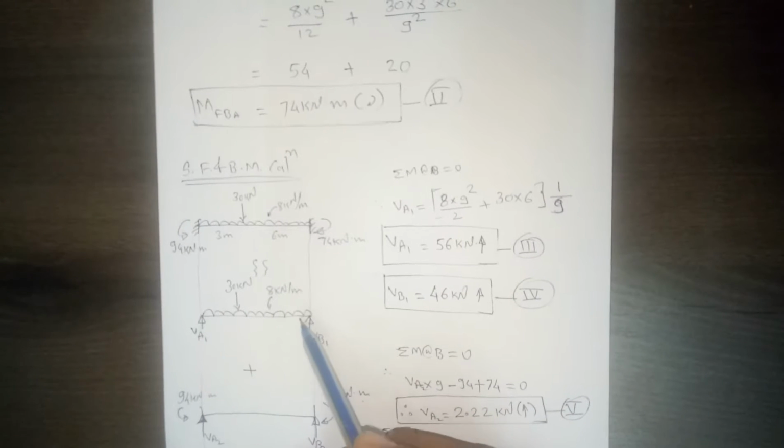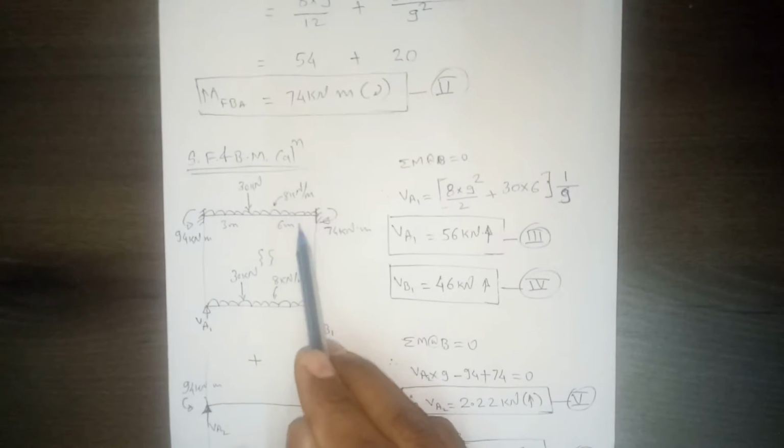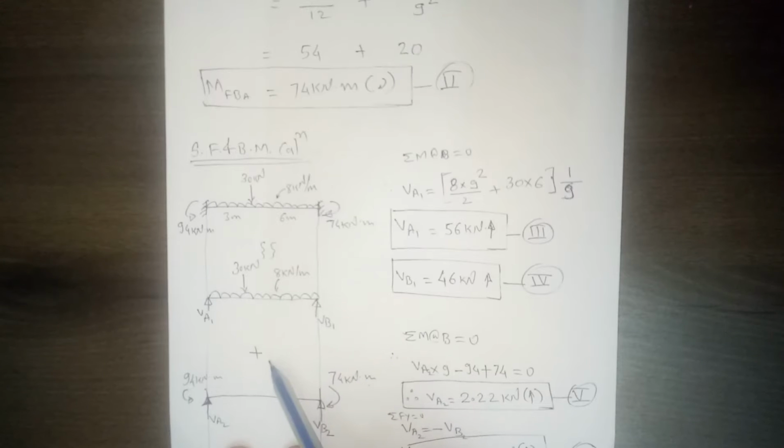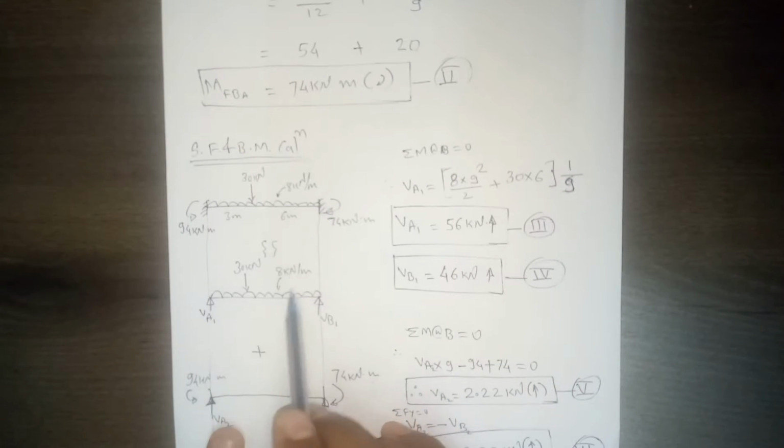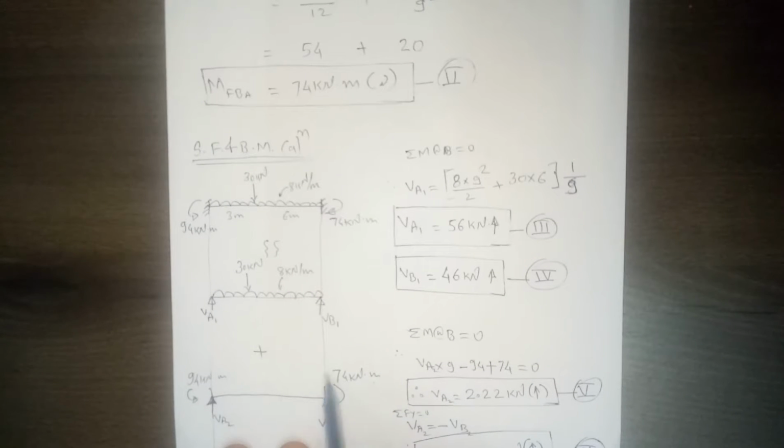Again, using the principle of superposition, this beam can be converted into these two parts. Now we have to plot the shear and bending moment diagram for this part, and then the bending moment diagram for this part. The bending moment diagram for this one we call the Mu diagram, and the bending moment diagram for this other part is called the Mu dash diagram.